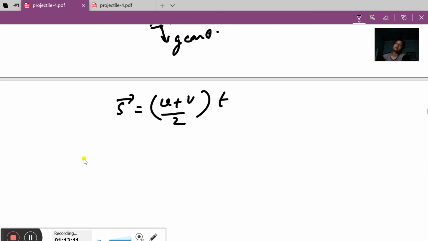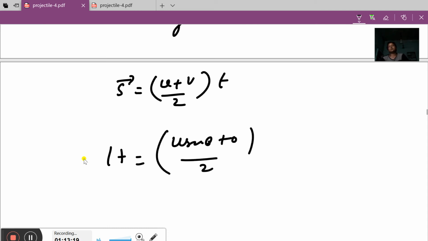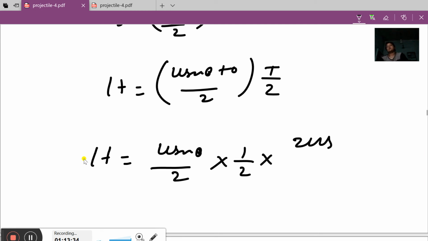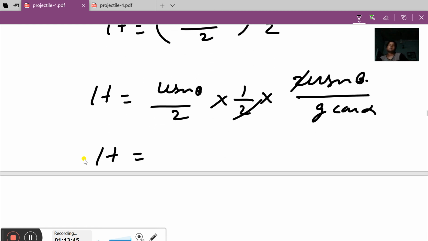T is half of the time of flight. So h is u sin theta plus 0 over 2 and time of flight half. H is u sin theta over 2 and time of flight is 2u sin theta over g cos alpha. 2 gets cancelled. So greatest height is u square sin square theta over 2g cos alpha.